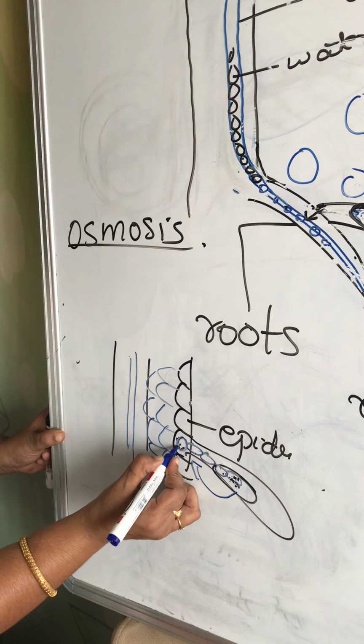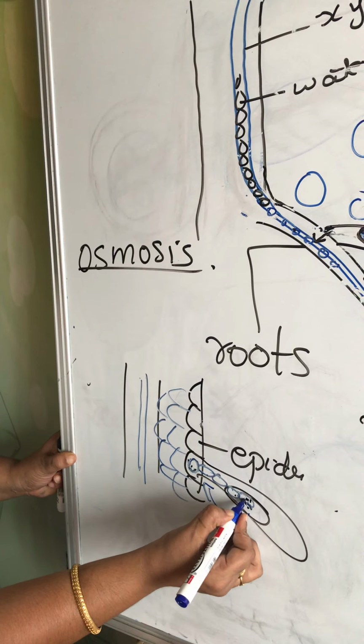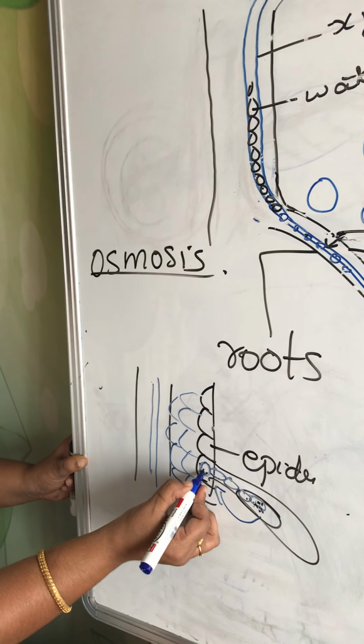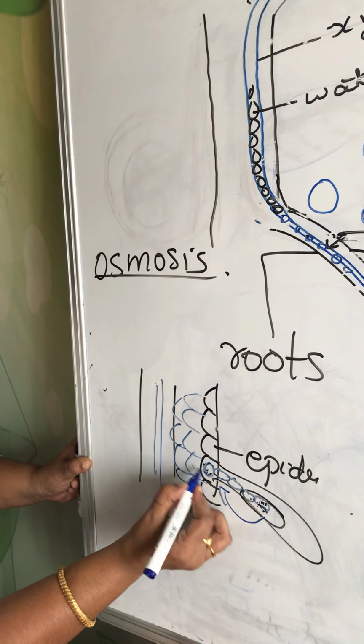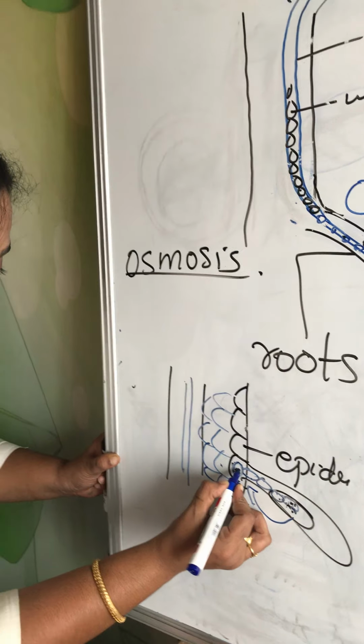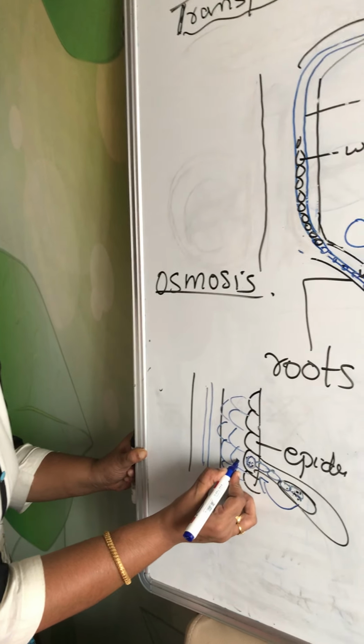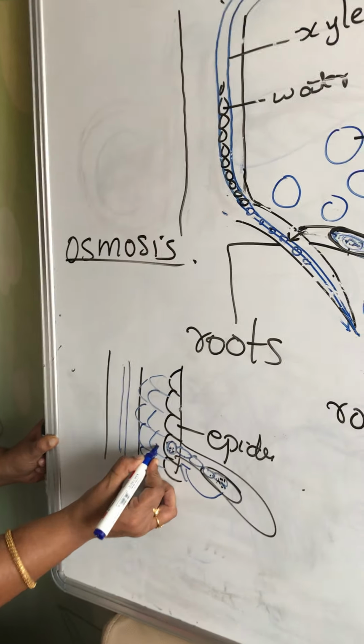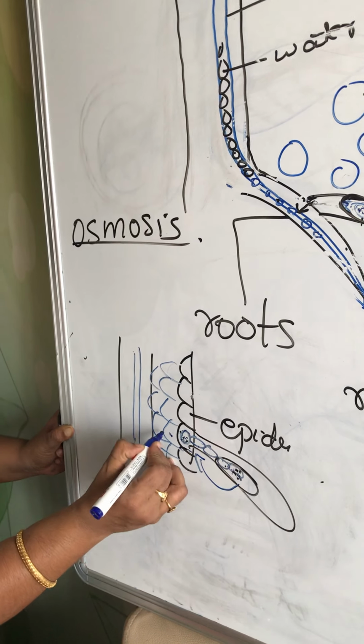Once it enters the epidermal cells, from high water potential to low water potential, again there will be a comparison between the epidermal cells and the cortical cells, or the cortex cells, or the ground tissue. Now you have to compare this cell with this cell.